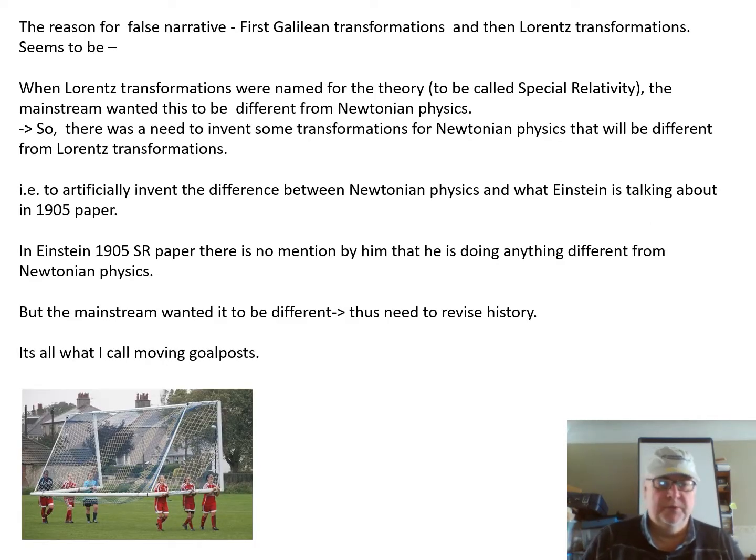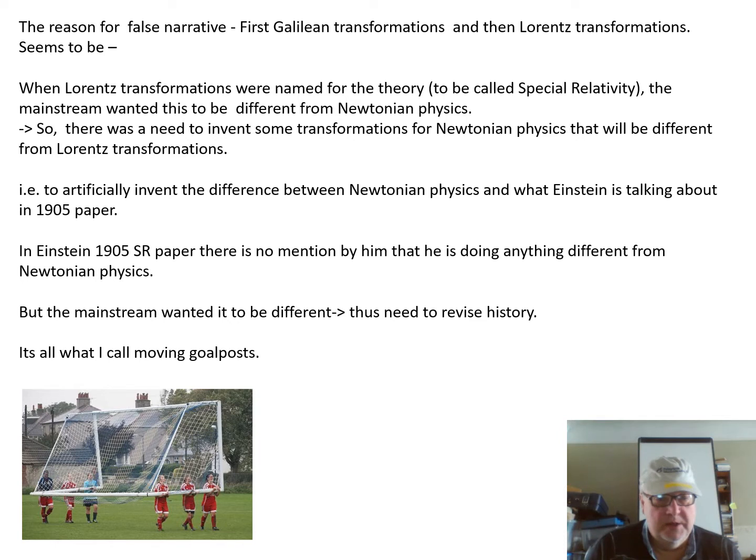The reason for the false narrative of first Galilean transformations and then Lorentz transformations seems to be when the Lorentz transformations were named for the theory, which became special relativity, the mainstream wanted this to be different from Newtonian physics. So there was a need to invent some transformations for Newtonian physics that would be different from Lorentz transformations, i.e. to artificially invent the difference between Newtonian physics and what Einstein was talking about in his 1905 paper.